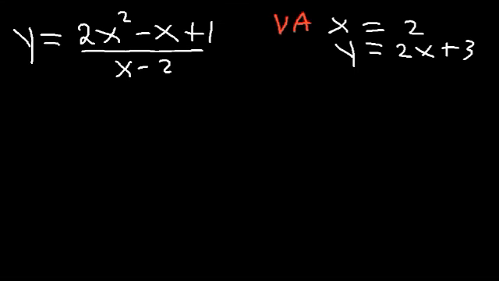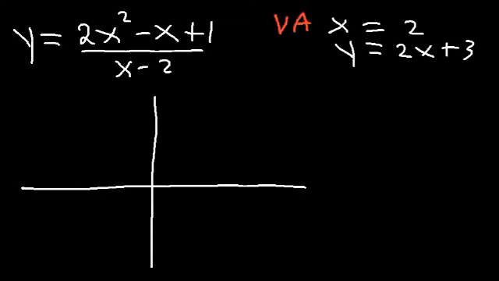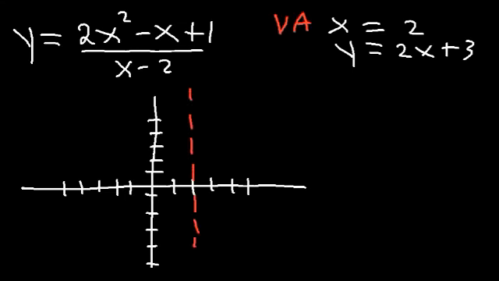So let's go ahead and graph the equation. We have a vertical asymptote at x equals 2 and a slant asymptote with y-intercept 3. So this is a linear equation. It's in the form y is equal to mx plus b. m is the slope, b is the y-intercept.